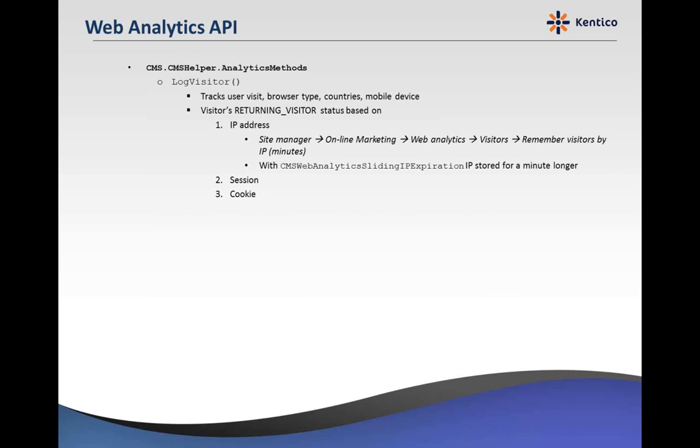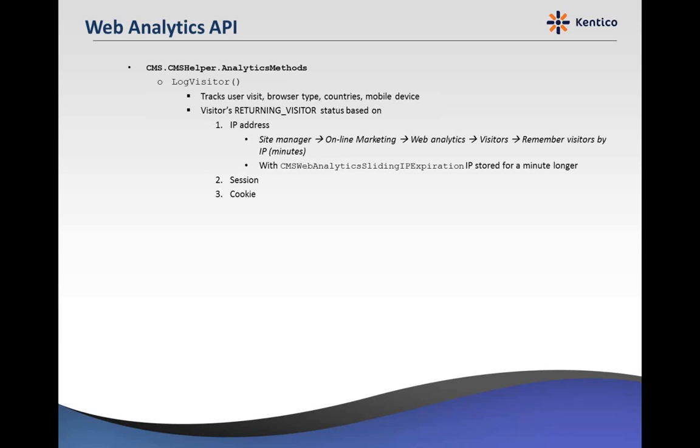And when I say log visitor, I actually mean a few things: how the visitor status, so returning versus first-time visitor, is tracked, but also as part of the same log visitor method, the system keeps track of browser type, what country the user comes from, what mobile device they are using, and so on.